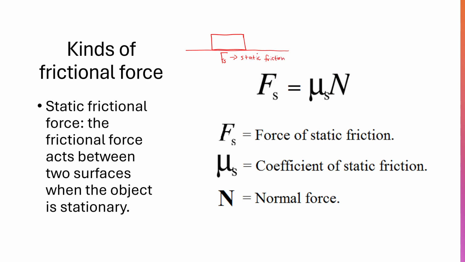If we have a force pulling in that direction, let's call it force applied, and the block is not moving, the block does not want to move yet. The thing that is holding that block back is static friction. If the force goes to the left, the static friction will be pulling to the right.